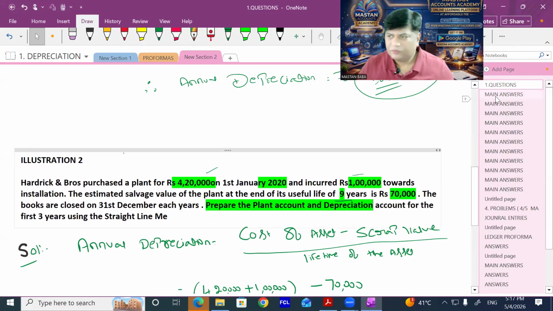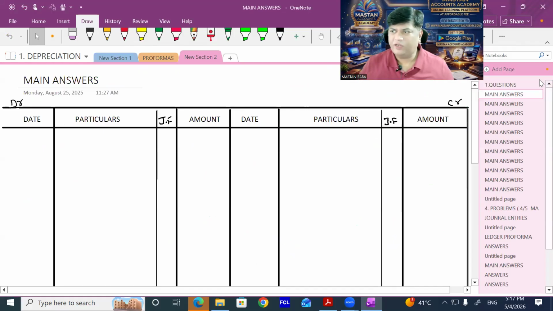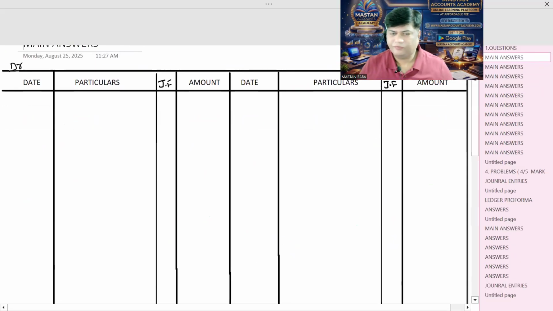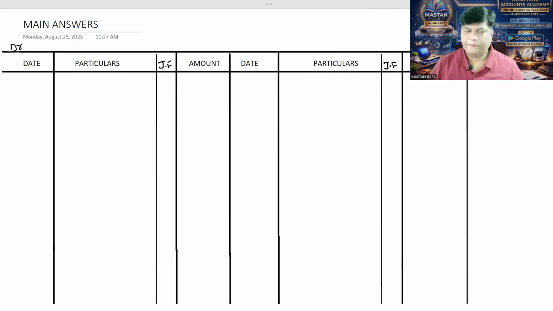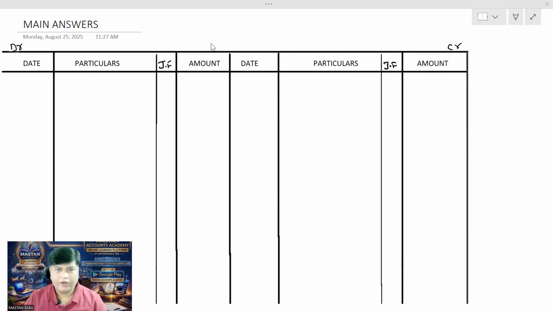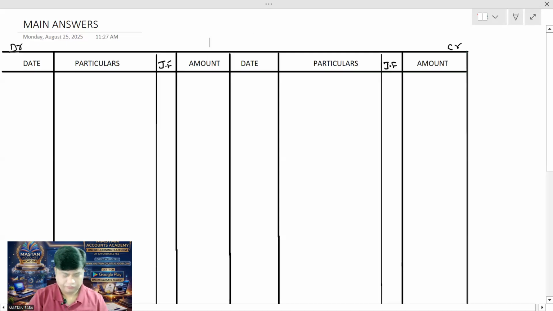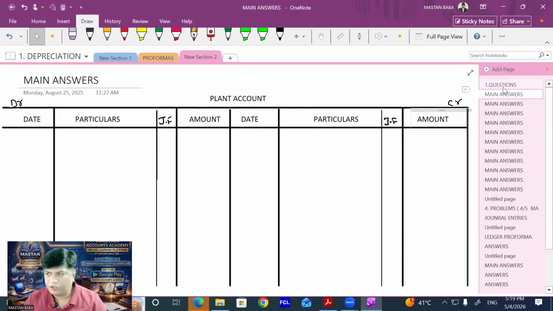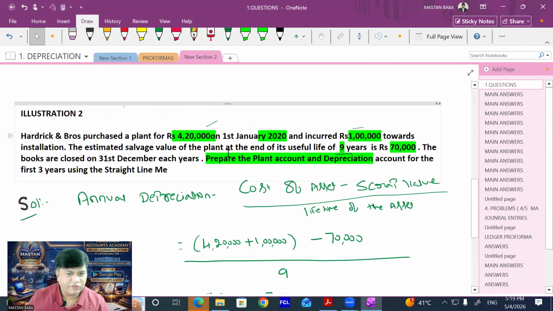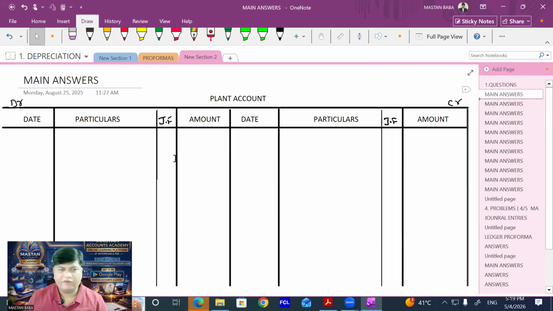First one is the plant account. So the heading is plant account. On which date did they purchase? They purchased on 1/1/2020. The question says it was purchased on 1/1/2020, so that is our date.